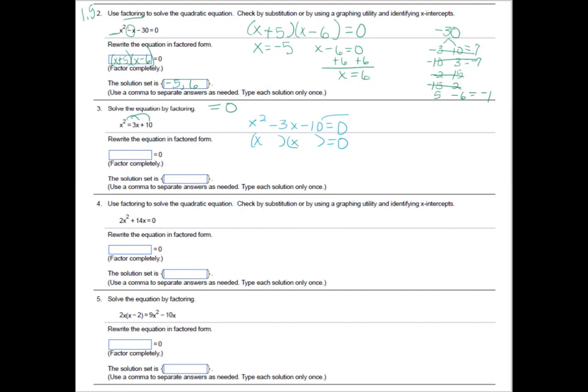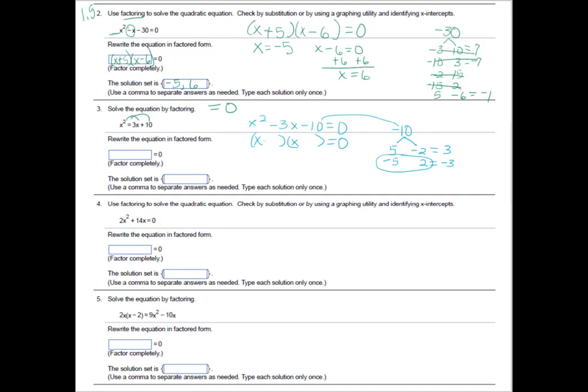Now I need to factor negative 10, and I need the numbers to add to negative 3. So I'm not even going to try 1 and 10 because that's not going to be it. It's either 5 and negative 2 or negative 5 and 2. So these two, that makes 3, and negative 5 plus 2 is negative 3, so this is my winning pair.